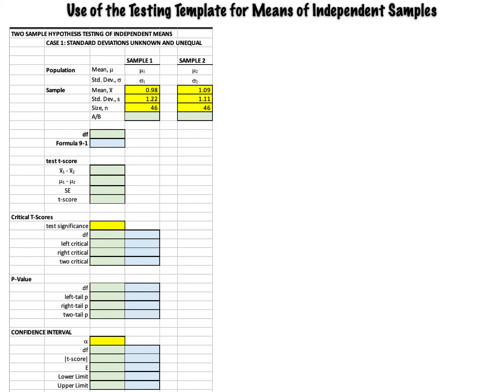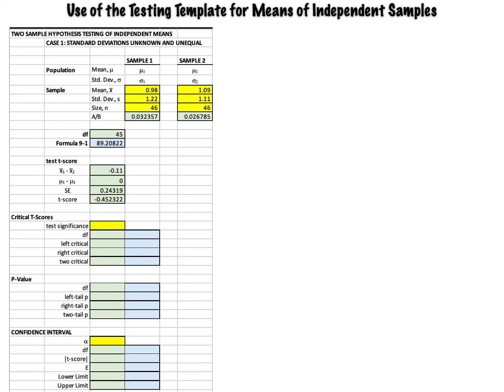Notice that at this point, the following items get automatically calculated: the A and B portions of the standard error, the degrees of freedom based on the smaller of sample sizes minus 1, the formula calculating the degrees of freedom, the sample mean differences, the population mean differences, always 0 in this template, the standard error, and the test statistic, exactly as we had calculated by hand earlier.